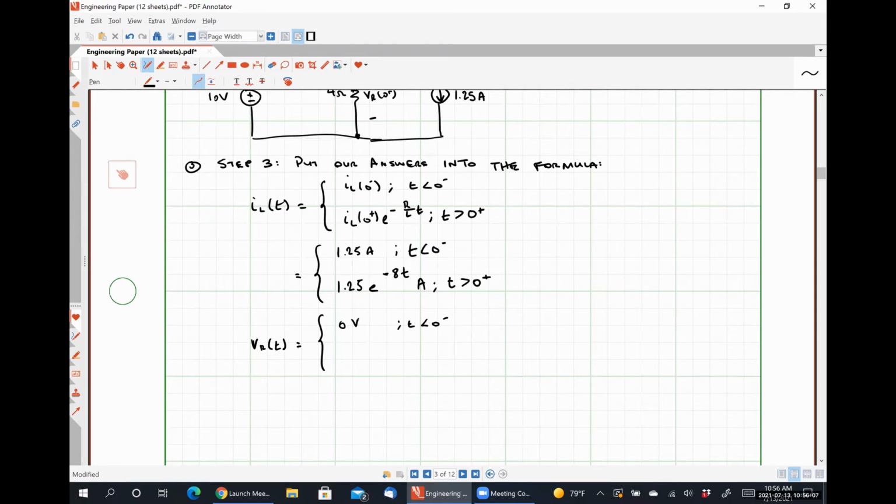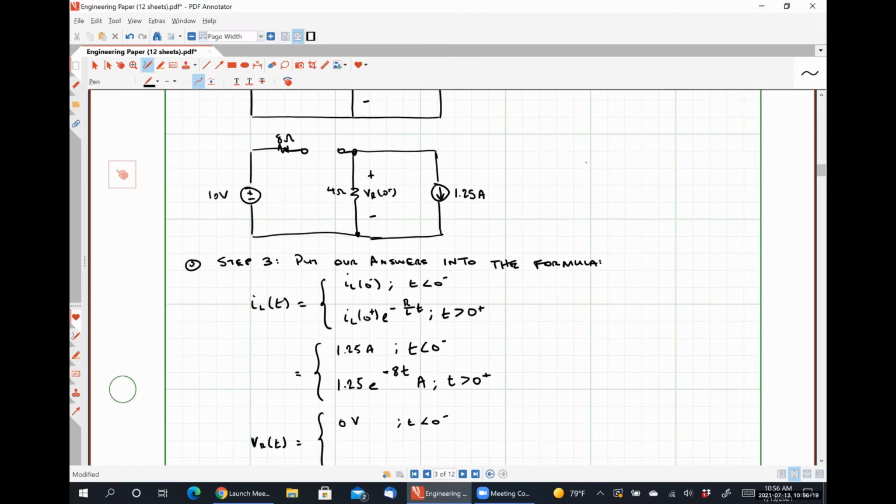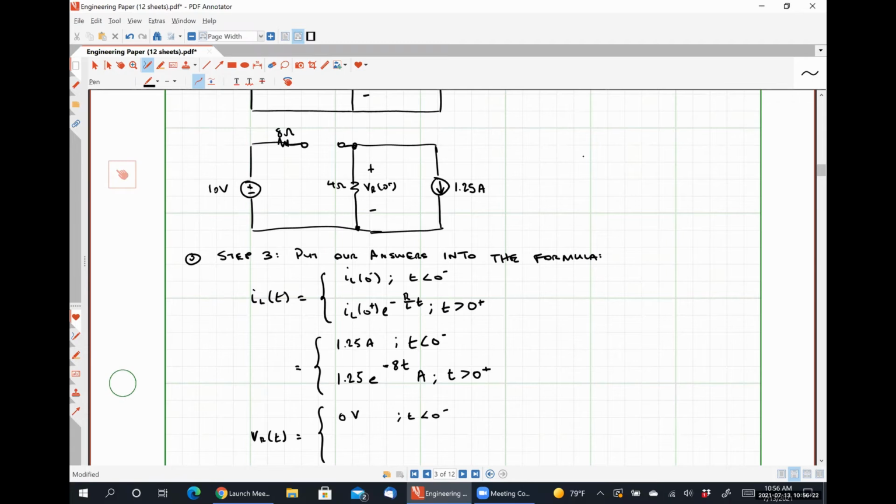Anybody have any idea? Would it just be 10 volts? Going with 10 volts is my answer. Okay, you're going with 10 volts as your answer. All right, so we know that at exactly t equal to 0 plus, the answer is negative 10 volts because we discussed that.